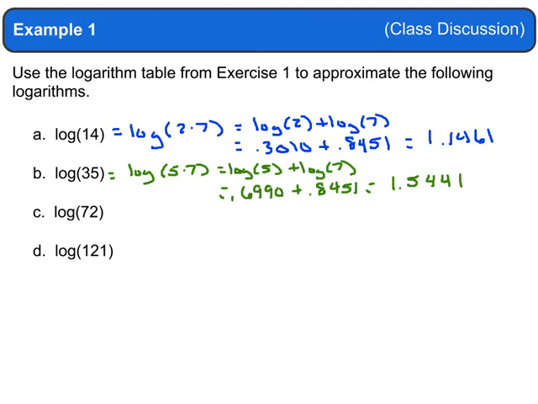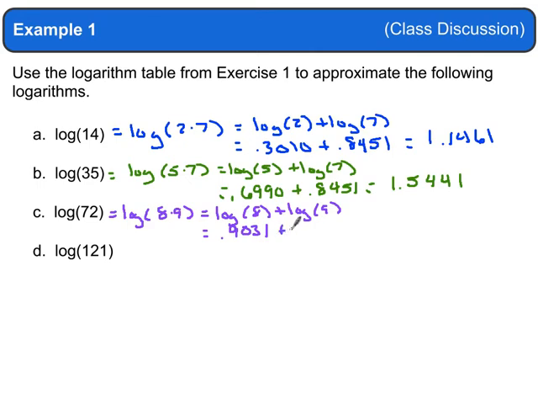If we did log 72, that would be like saying the log of 8 times 9. So then I can rewrite this as log 8 plus log 9. So log 8 is the same thing as 0.9031.